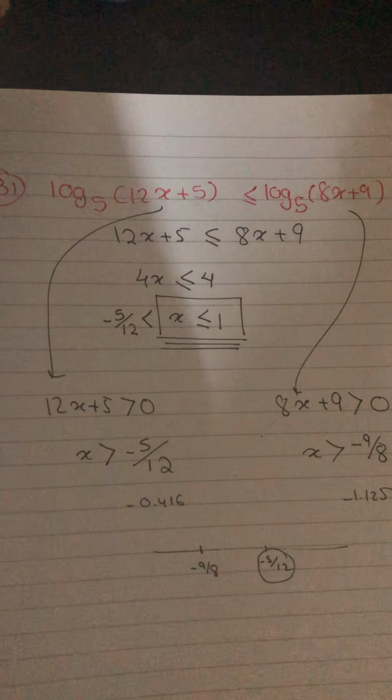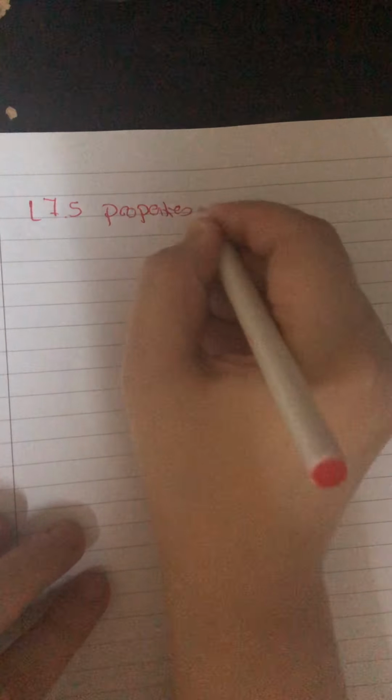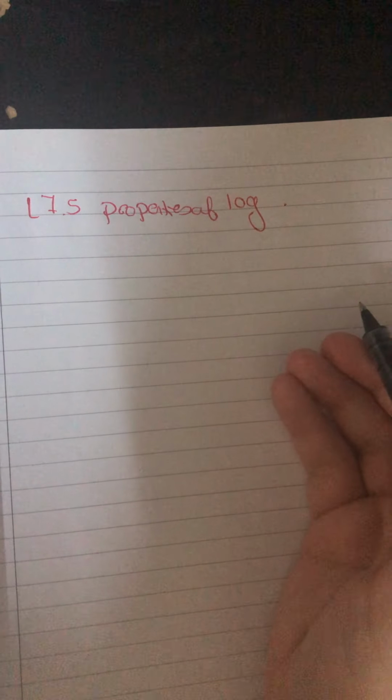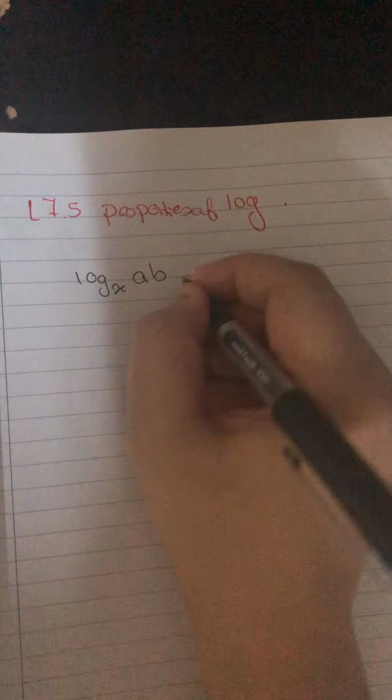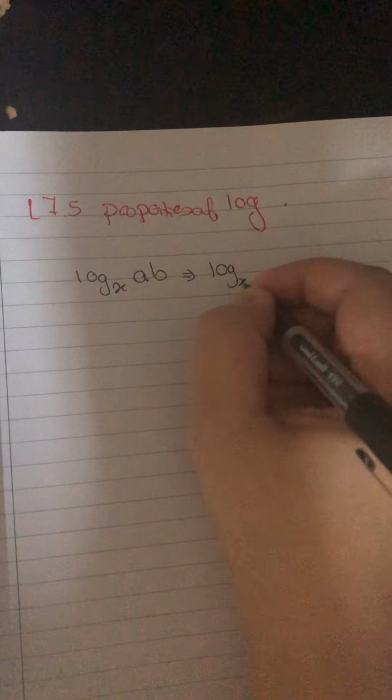I will go to properties of logarithms in lesson 7.5. Lesson 7.5 has some properties of logarithms. Okay, and from these properties, the product property, which we know, log base x of ab is equal to log base x of a plus log base x of b.